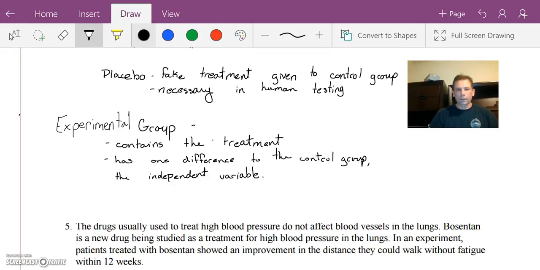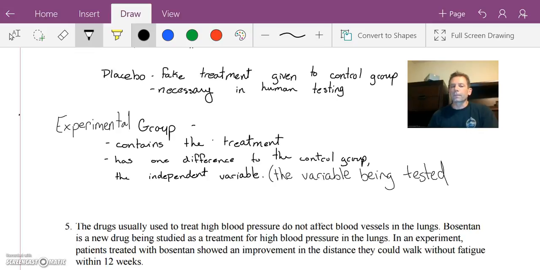Let's hopefully I can get my pen to work here. The independent variable, we want to say, is the variable. So when they ask you what the variable is, they're really asking you what the independent variable is. So it's the variable being tested. We'll get to that in just a second. And that's the idea that you need to understand with independent variable. But the experimental group has that independent variable in it.